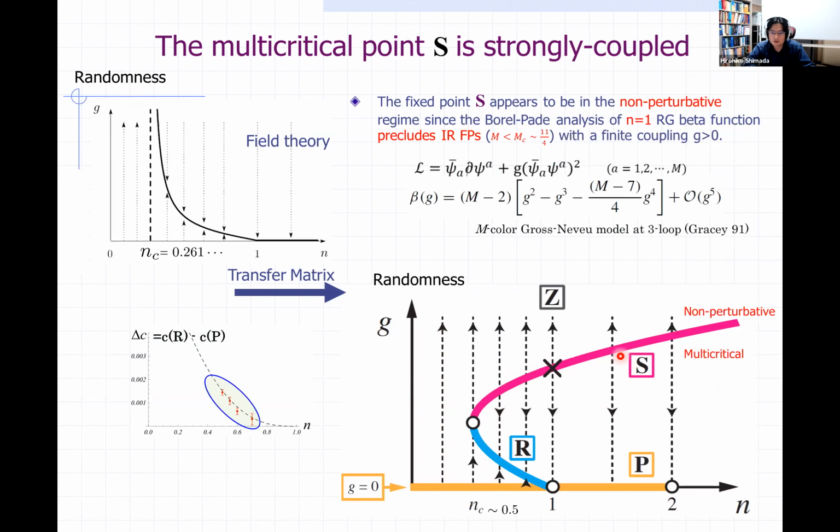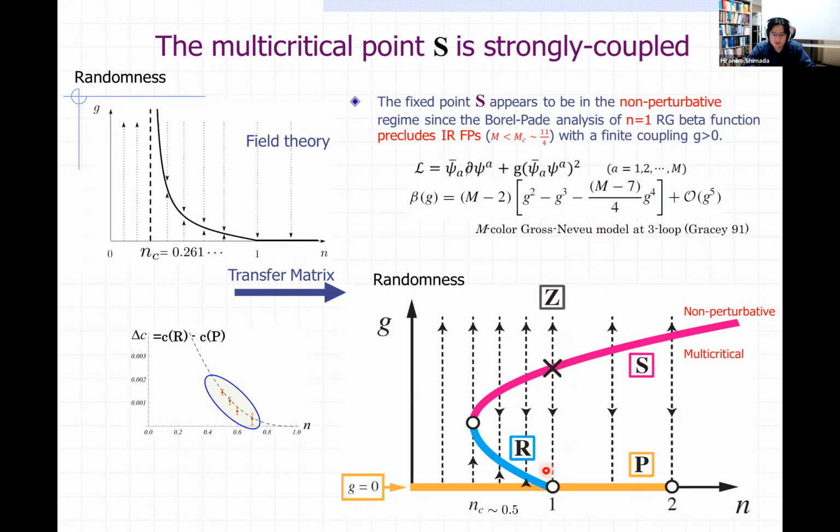And indeed, we can show these branches cannot be found in field theory, at least at some level of conformal perturbation theory. So this strong disordered fixed point also exists for n equal 1, in the random bond Ising case. Naively speaking, the random bond Ising case is marginally irrelevant because the coefficient of this square is negative.